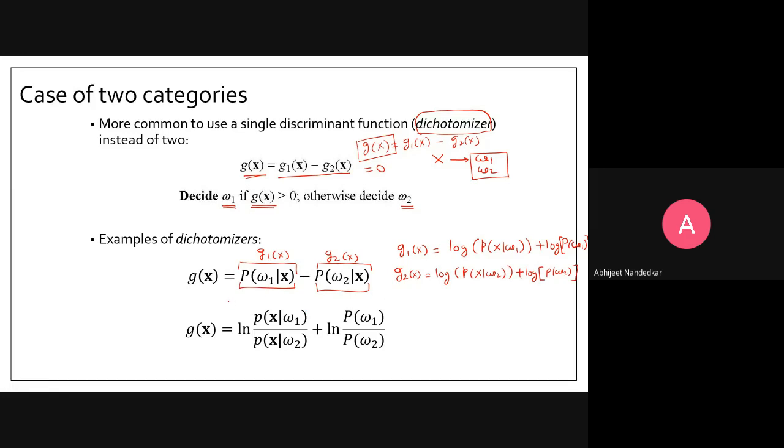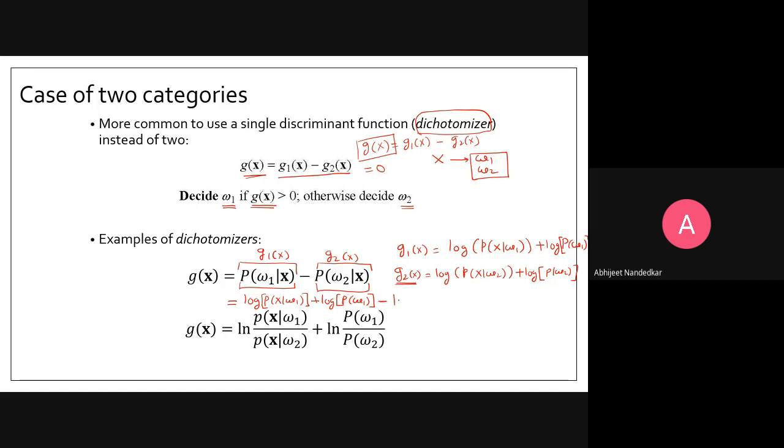Okay, now I want to do this G1(x) minus G2(x). So I write here log of probability of x given omega 1 plus log of probability of omega 1. Now I am writing minus, and then I will write this thing.